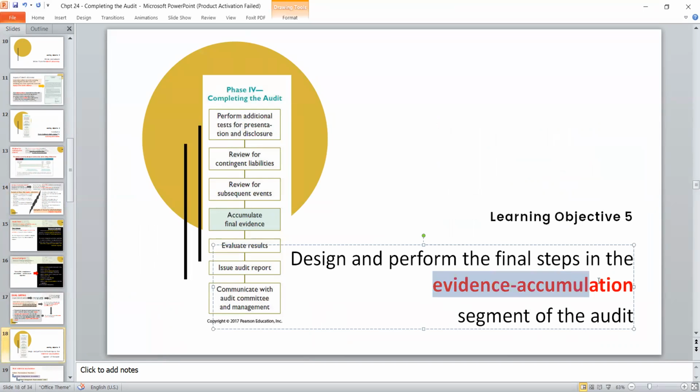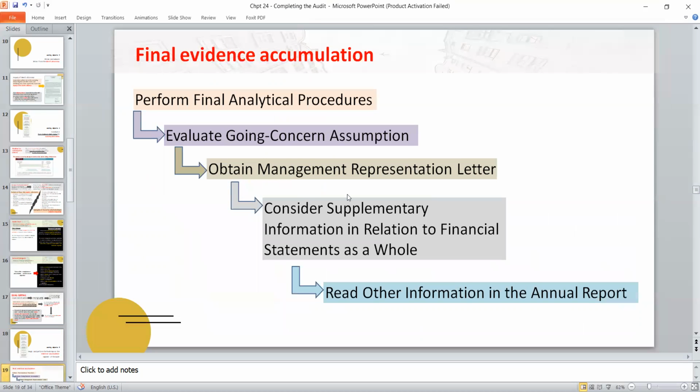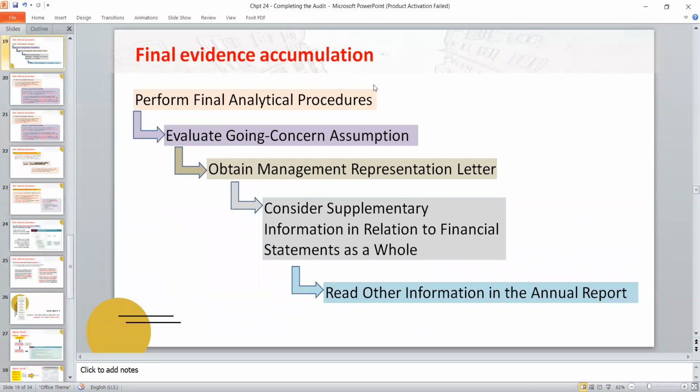Next, it's about accumulating the final evidence. So we talk about the evidence accumulation. After all of the evidence has been collected and accumulated, you need to make a review. For the final evidence accumulation, you need to conduct the final analytical procedure.